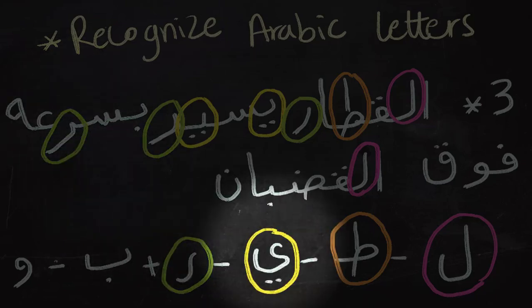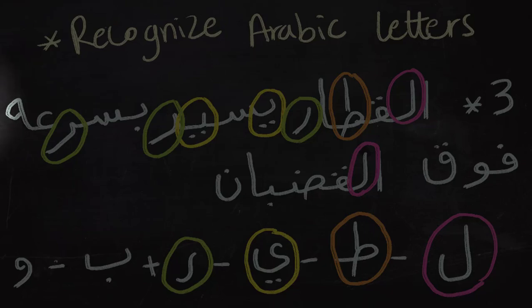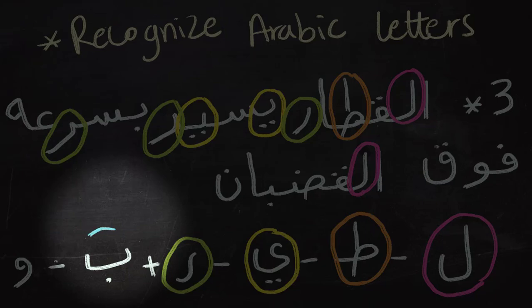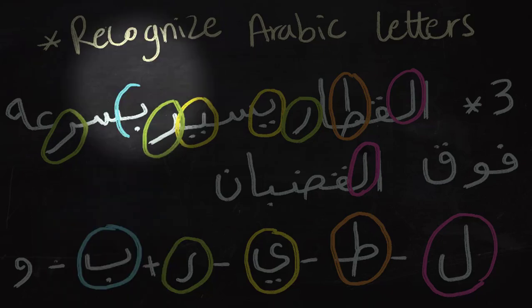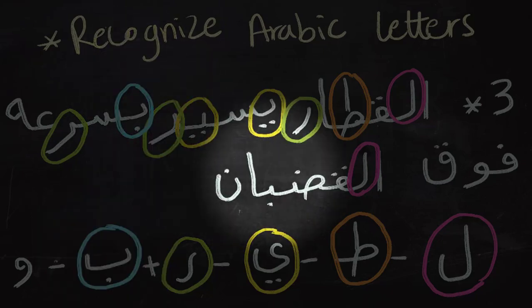Next up, using the light blue color to find ba, and ba came only twice at the beginning of the word bisur'a and in the middle of the word al-qudban.